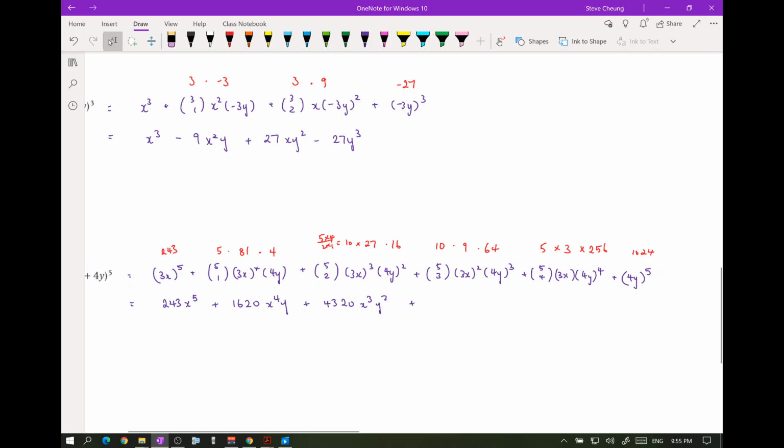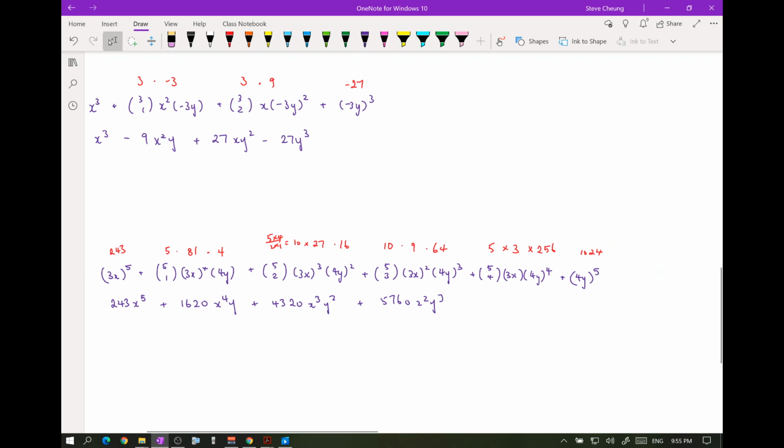And then 9 times 64 is 576, so 5760. And then here, oh my goodness, let's do 256 times 5, which is 1280 times a 3 is 3840. And then 1024.